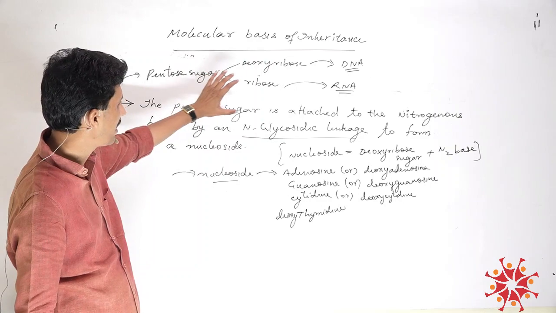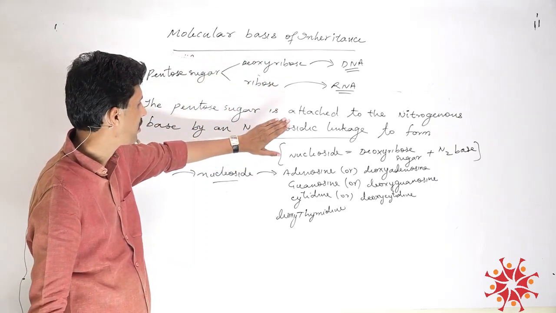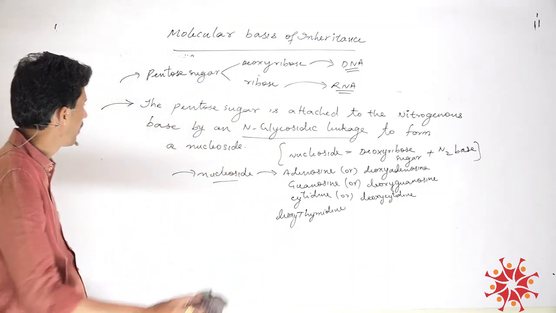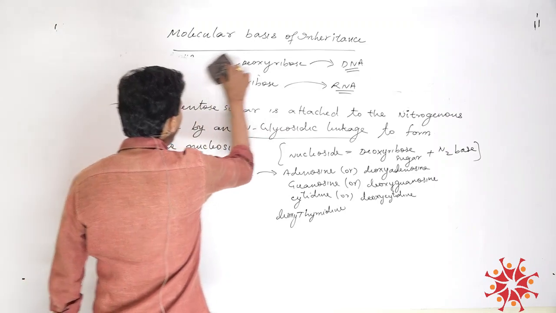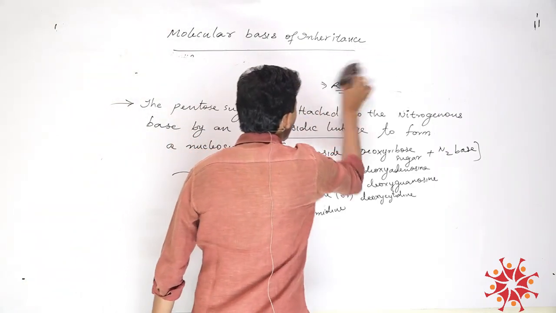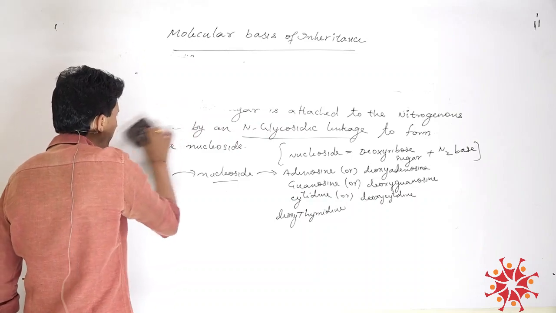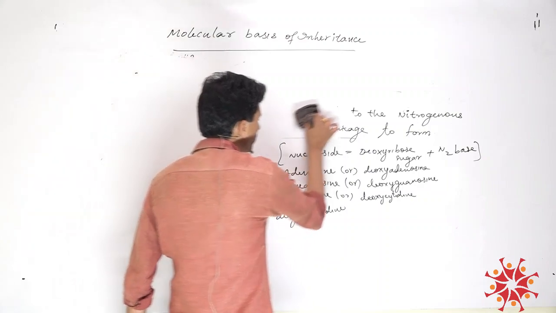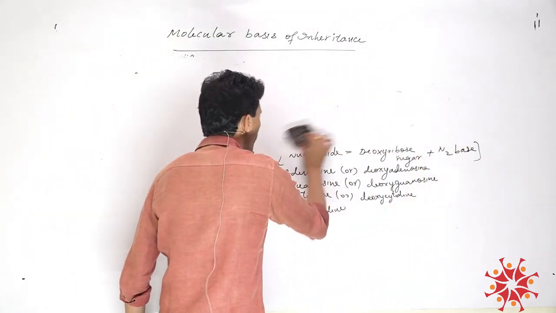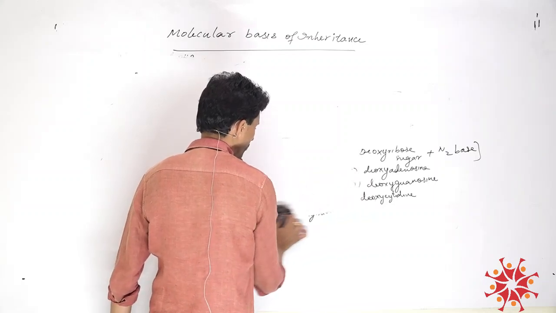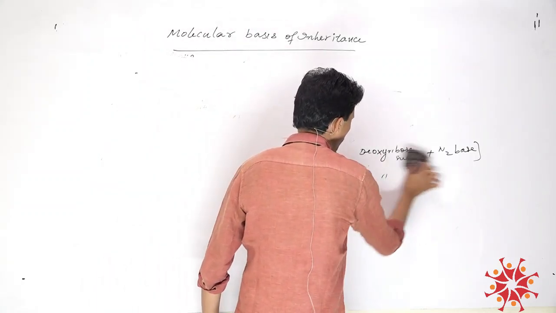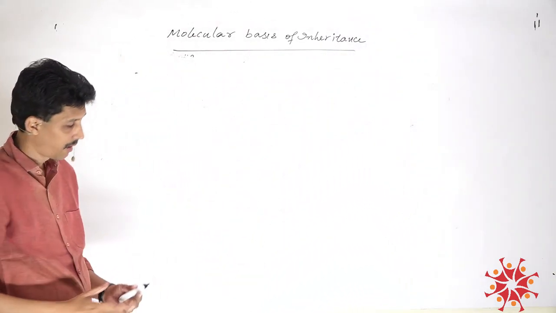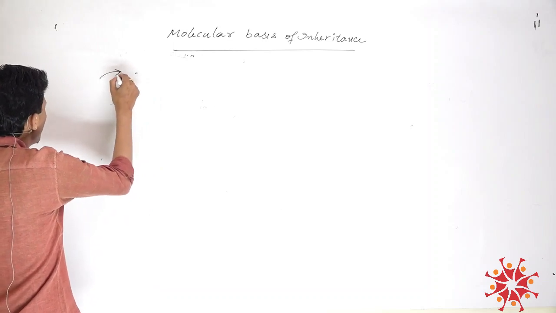So pentose sugar is attached to the nitrogenous base through this particular bond, N-glycosidic linkage. So you have now got a nucleoside.